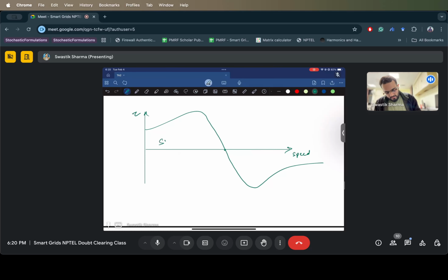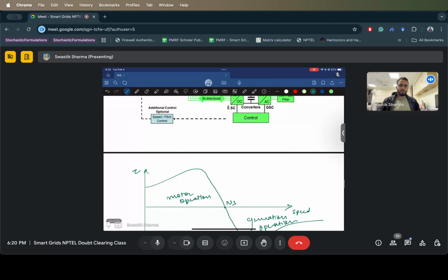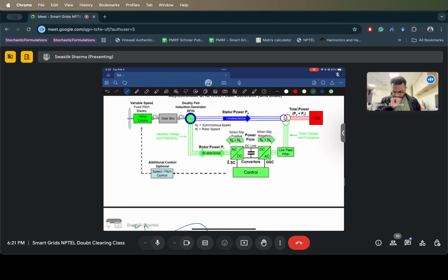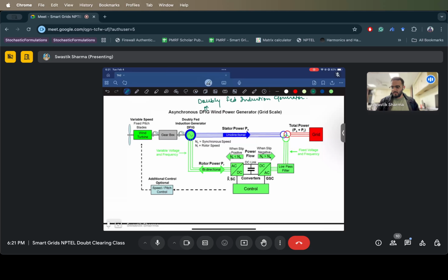This is called subsynchronous operation or motor operation. This is your synchronous speed, and this is your generation operation. So an induction machine can also act as a generator. That we know. If the speed of the rotor is more than the synchronous speed, it will start producing electricity. That is the whole funda of it.